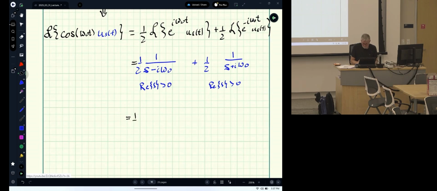So we get a half here, put everything over a common denominator.